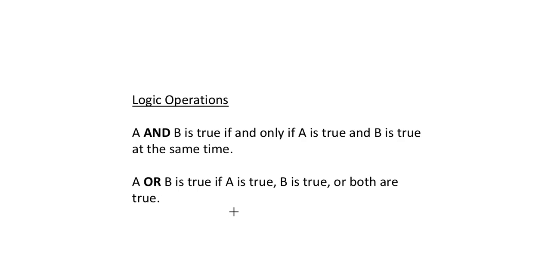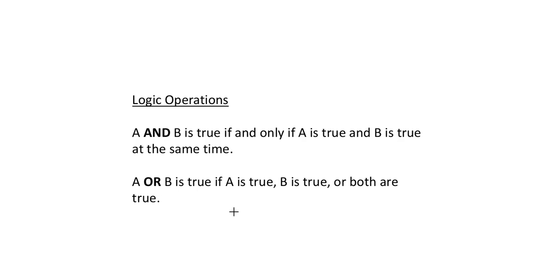Related to the union and the intersection are these logic operations, and, or. And there's other logic operations like if, then, but in this class we're just going to be looking at and, or. So when you say the phrase A and B, that is only true if A is true and B is true at the same time.